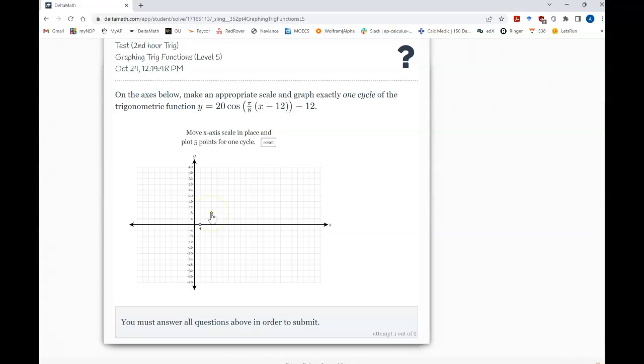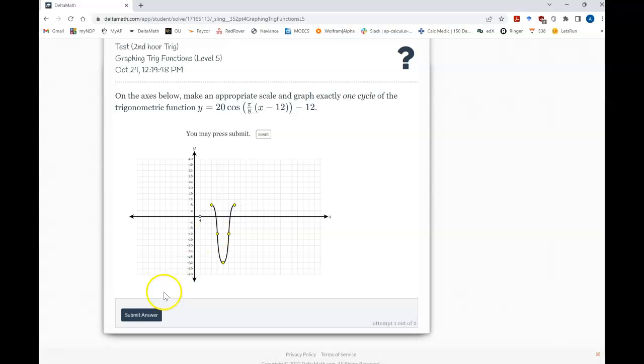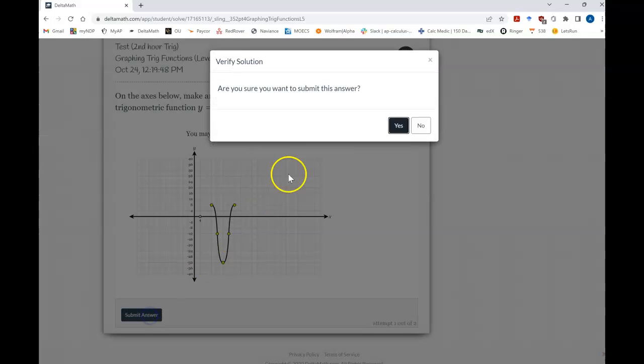From cosine, after we've done the maximum, we go back to the midline. So I'm going 1 unit to the right and then down to negative 12. And doing 1 unit to the right, and then down another 20, so down to negative 32, going to the minimum, and then 1 unit right back up to the midline, and 1 unit right back to the maximum. And that should do.